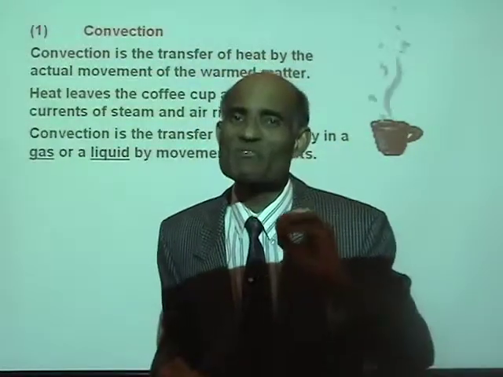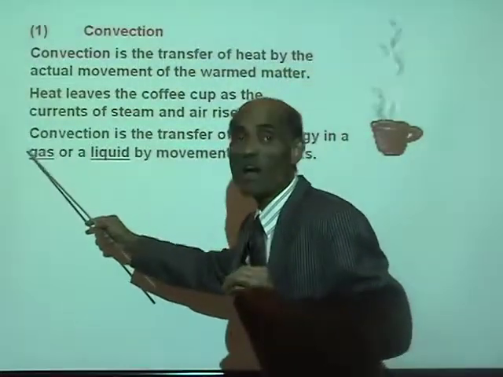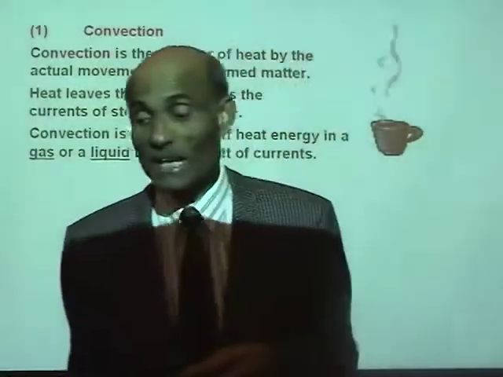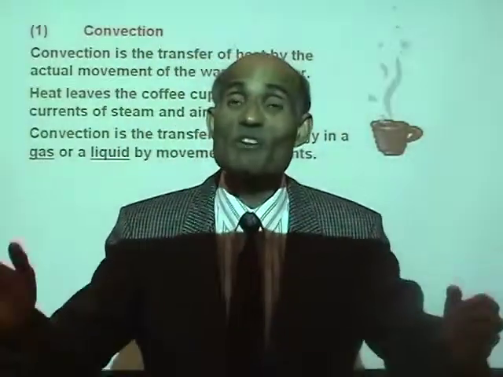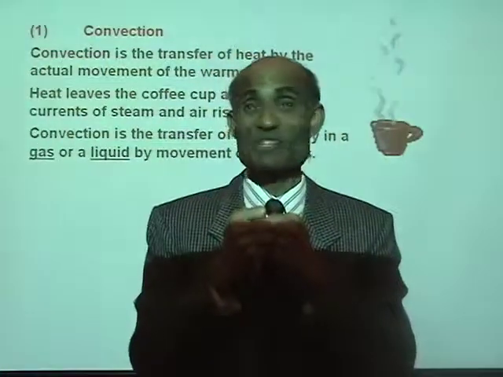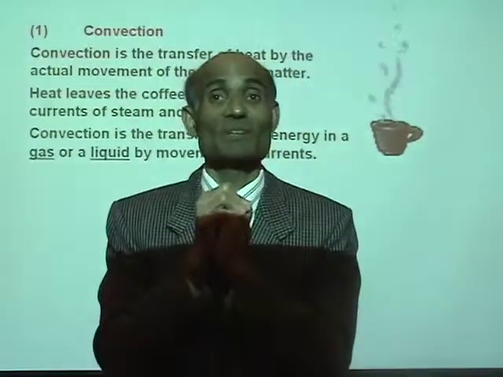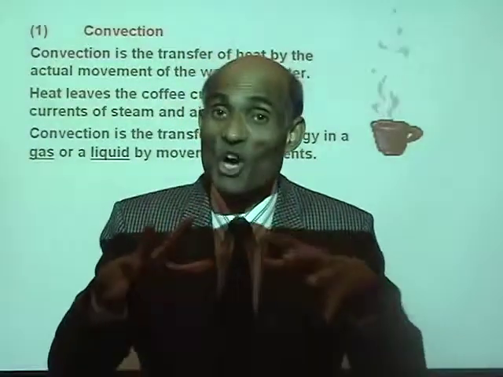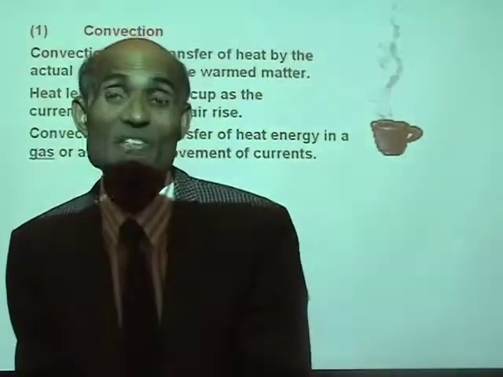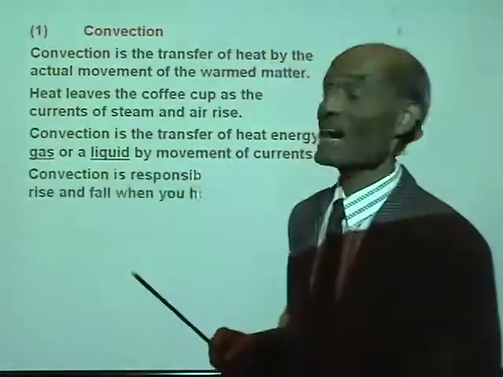I said convection takes place only in gases and liquids. You see, convection can happen only if molecules can move from one place to another. In a solid, the molecules are fixed to their relative positions. So, a solid cannot convect. Only a liquid or a gas can have convection current inside of it.